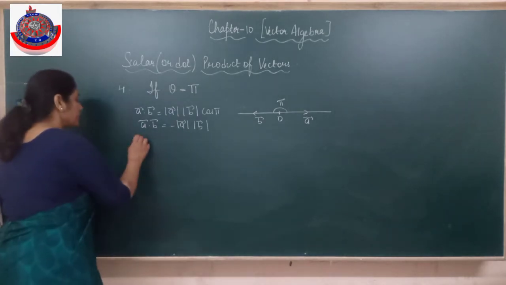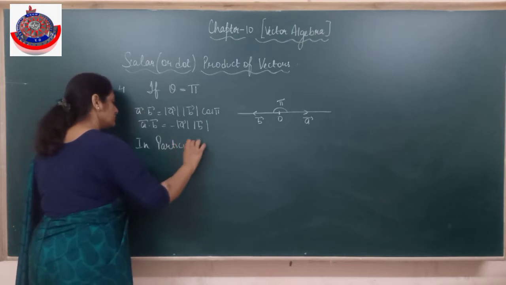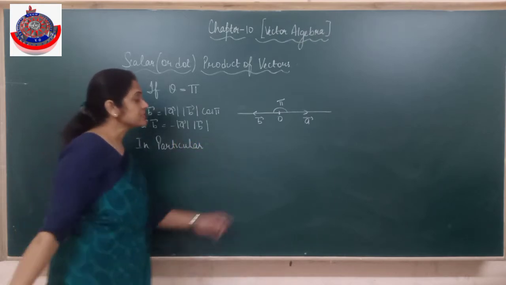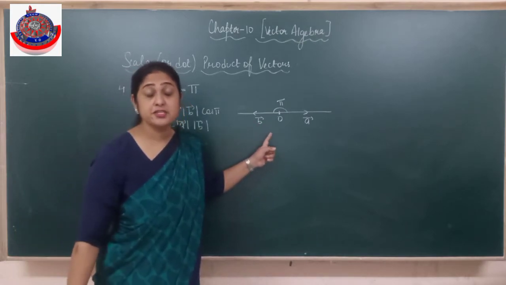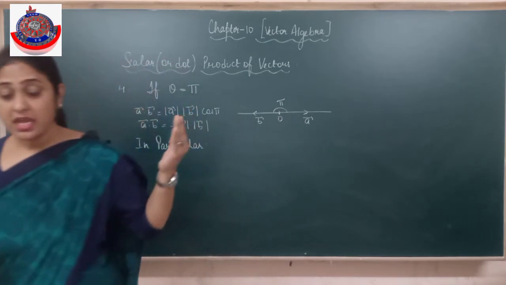Alright, in particular, अगर इसको भी मैं a से ही represent करती हूँ तो what is this? This is the same vector in the opposite direction. Is it clear?